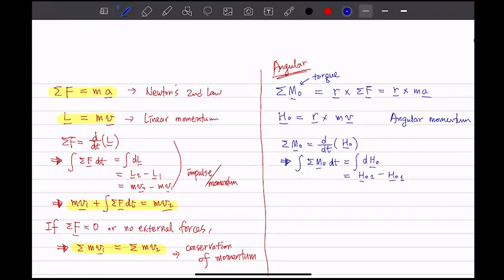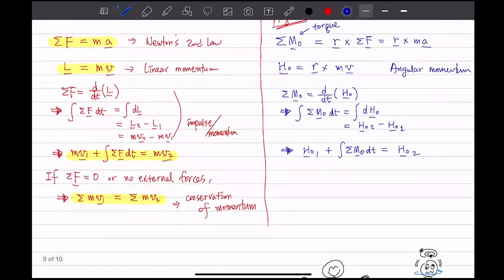So we can also write that the angular momentum at time 1 plus the angular impulse, the summation of all the torque that is applied, is going to be the angular momentum at time 2. All right?